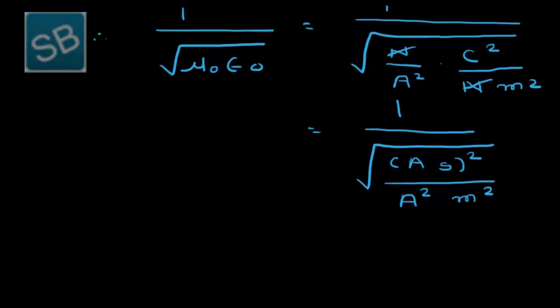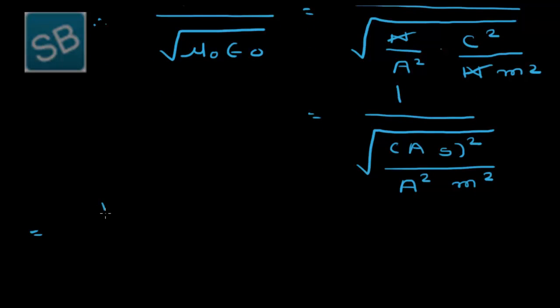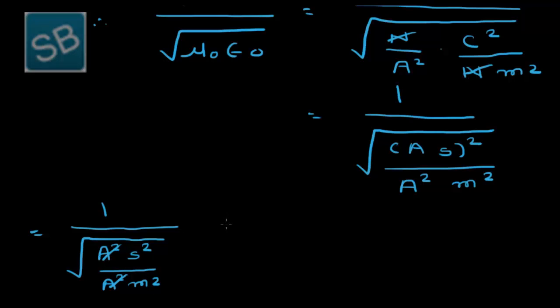That is equal to 1 over under root of ampere square second square divided by ampere square into meter square. So ampere square are cancelled out. So it is 1 over under root of second square upon meter square.